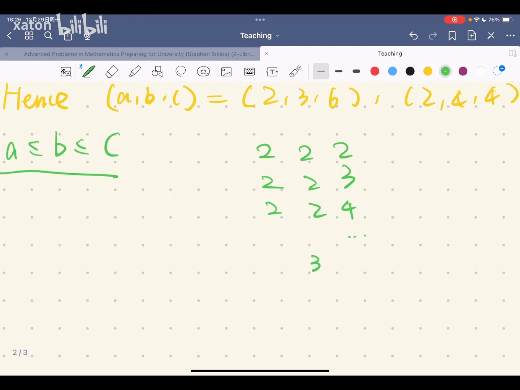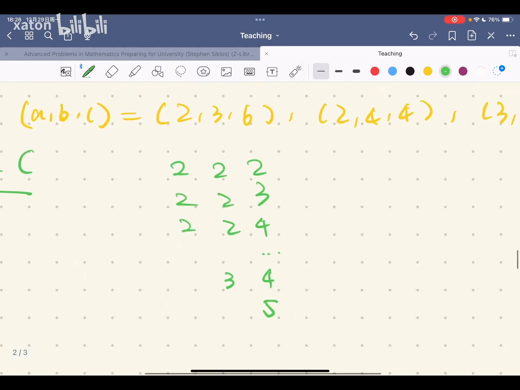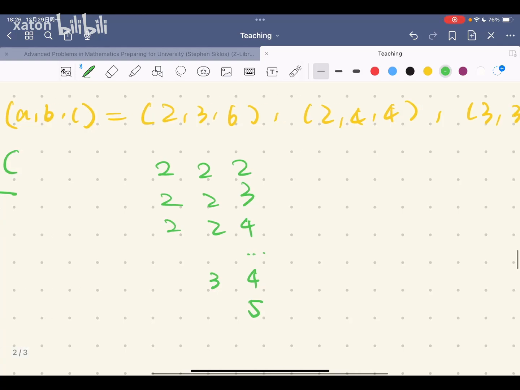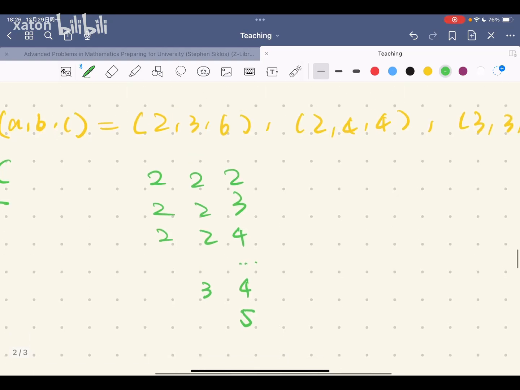So we have 2, 3, 4, 2, 3, 5, 2, 3, 6 is just the same. Let's look at 2, 4, 4. We skip for b equals 2. b equals 3 is still the same. b equals 5, it just cannot fit our requirement.